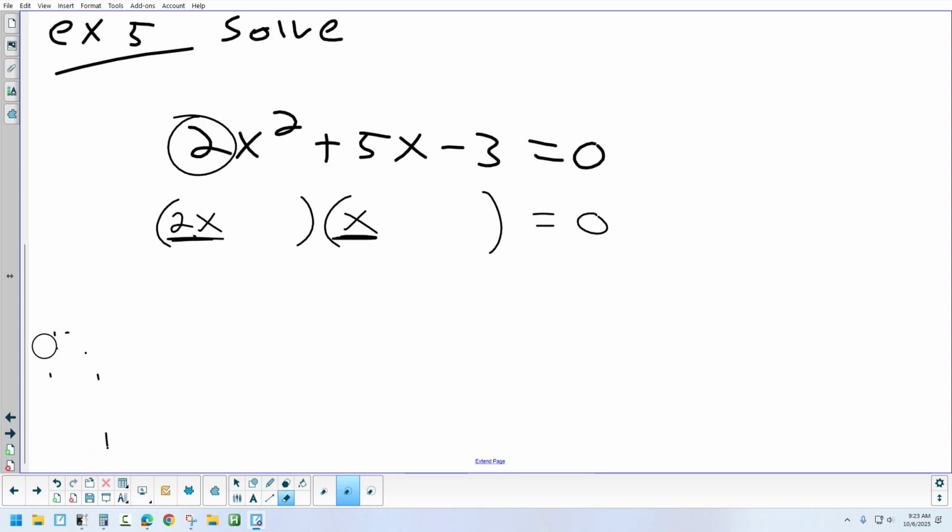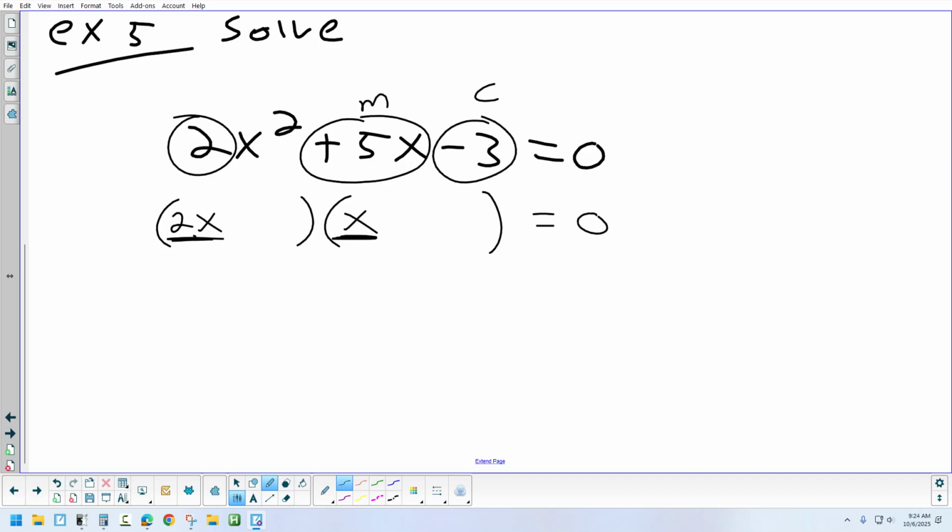Okay, next step is we've got to figure out our signs. Okay? And the options are 2 plus, 2 minuses, or 1 of each. This is the middle. This term is called the constant. So we can make a chart that tells you what signs you need in the parentheses.